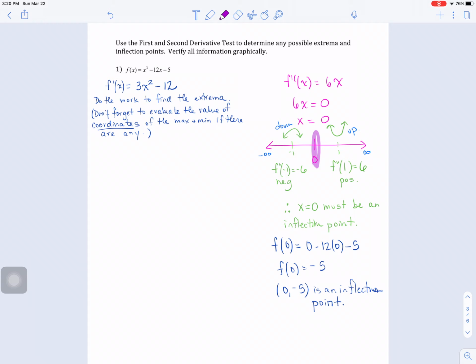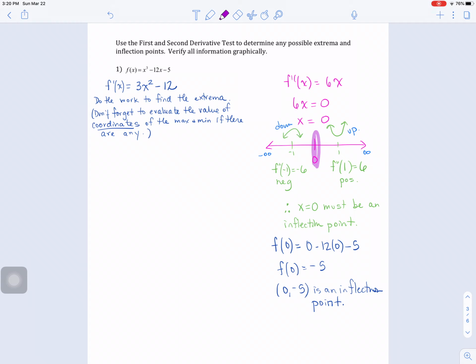Okay? So now I'm going to find the actual coordinate of that inflection point. This is something we have been forgetting to do. We've just been saying, oh, that's a relative max, or that's a relative min at x equals this, and not finding the y coordinate. So make sure you do that on the first part of this problem.